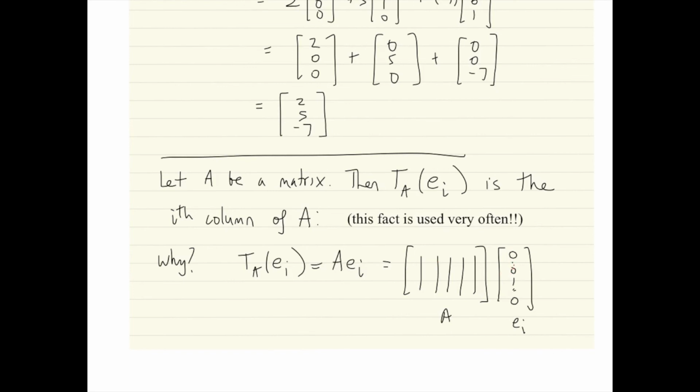And then eventually, the entry in column i will be multiplied by this 1 in row i, and that will be the only thing that remains. So when you do this matrix multiplication, it will pick out column i of matrix A. So that's why this very often used fact holds: the image of the ith standard basis vector under left multiplication by A gives the ith column of A. Let's see on the next page how we can use this.